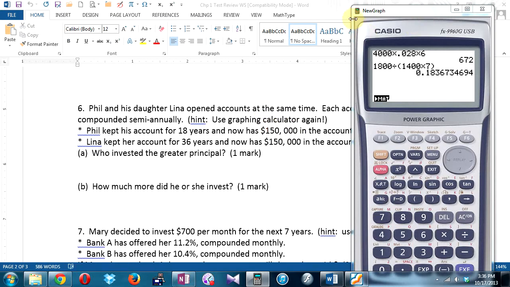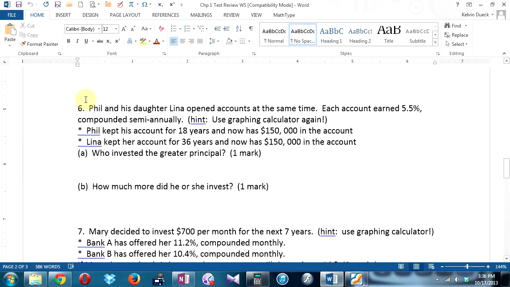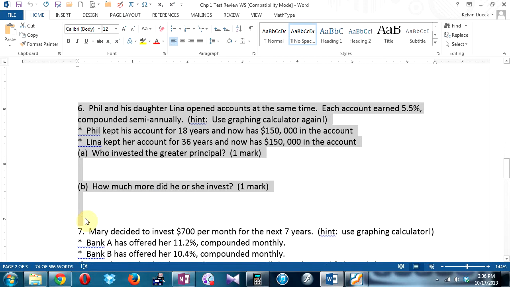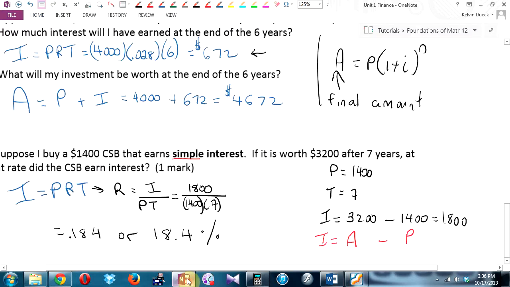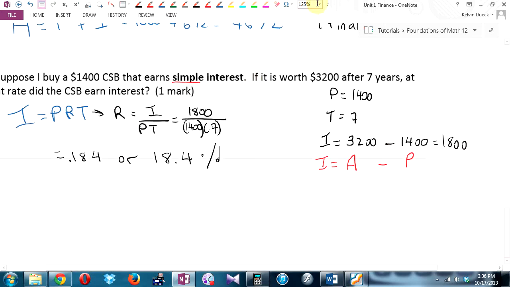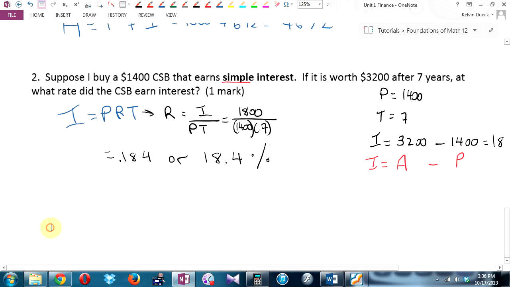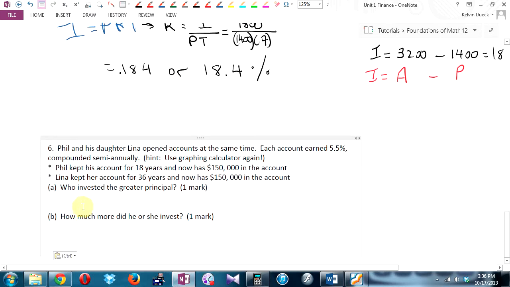Come on. There we go. Paste. Is that going to work? Hey, that sort of worked.